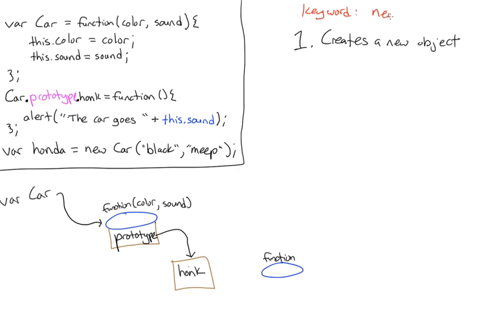The second thing I told you it does is that it calls the constructor function. The second part is important because when it calls the constructor function, it changes the value of this to point to the new object being created.